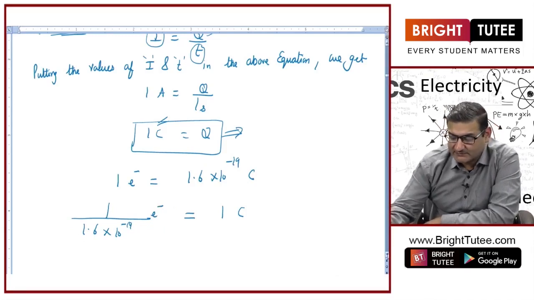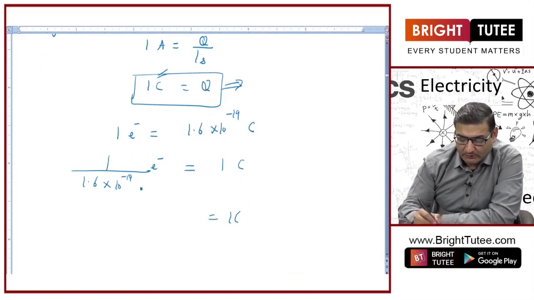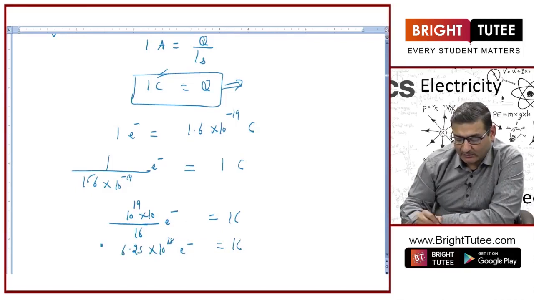Next, same as we have done in the earlier question, 1 coulomb will be equal to, taking this in the numerator becomes plus 19, and removing the decimal by multiplying it by 10, 16 electrons. 1 coulomb once again comes out to be 6.25 into 10 to the power 18 electrons.